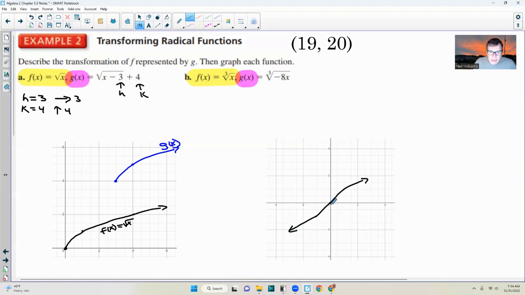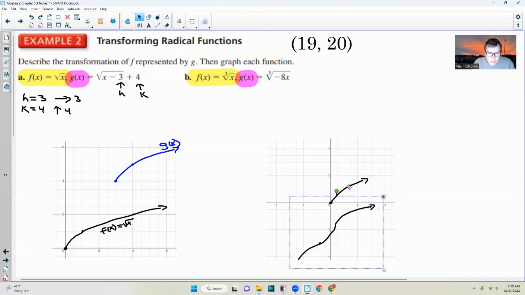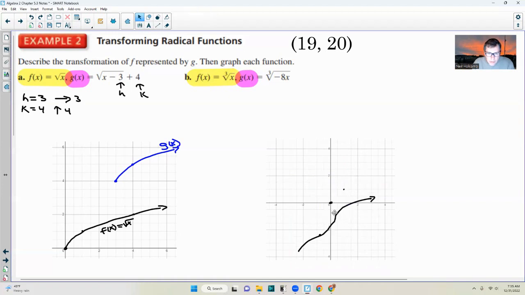So there is the parent function. It might be a bit more defined like so, and this should probably come up like this. Okay, that is the parent function, f of x.